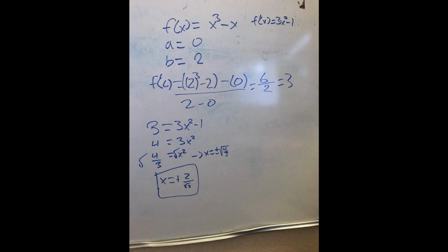But again, we have to look at the domain we declared, which is between 0 and 2. So we don't have any negative numbers. Our c that satisfies the answer is just x equals positive 2 over root 3.